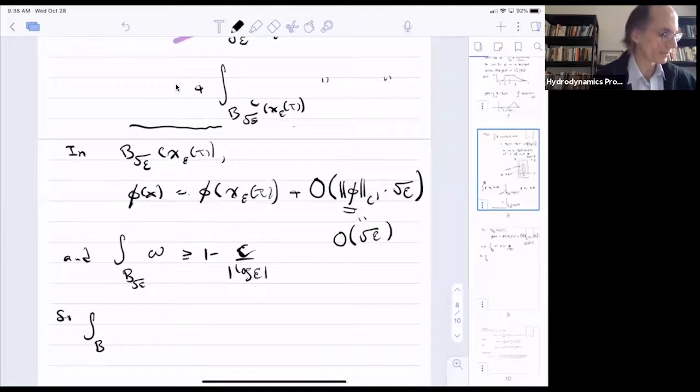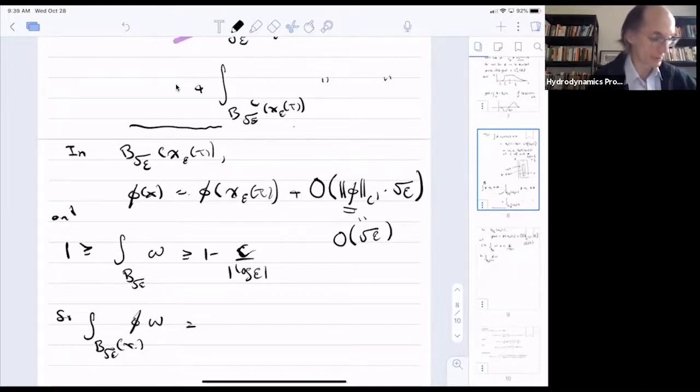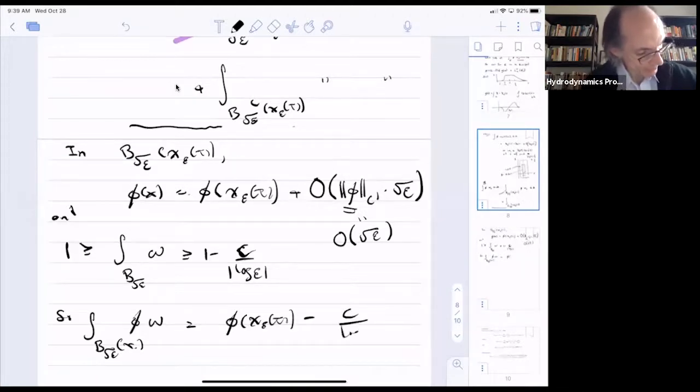In fact, I know the total integral of omega is 1. So the integral over this ball will be phi at the center minus a constant over log epsilon.